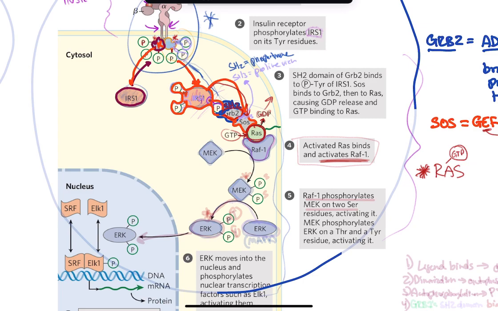It's going to activate here. Activated RAS will bind and activate RAF1 over here. Let me use a different color. How is it going to do that? Through the GTP activity. Right? But it's not actually a kinase because it's not phosphorylating. It's not phosphorylating anything on RAF at all. Okay.